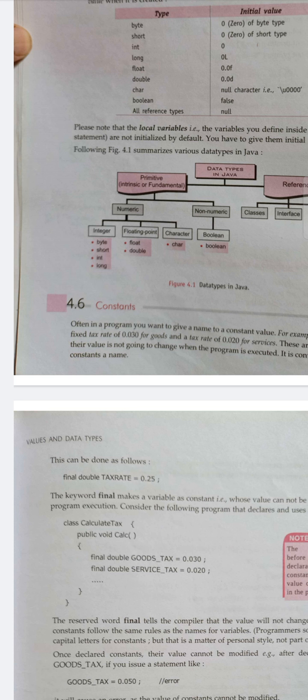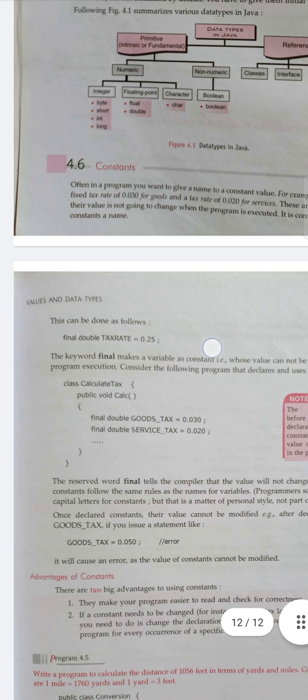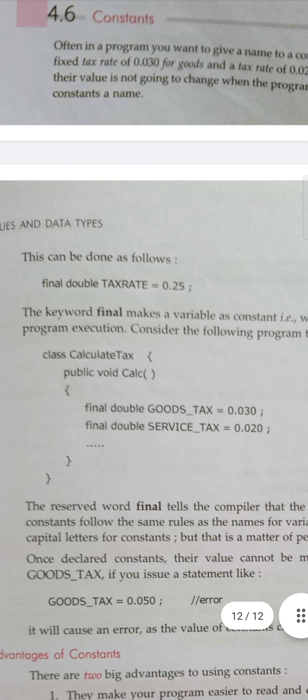See this last one, very important. Constant means whenever we want to make certain values fixed throughout the program. We don't want to change its value. Whatever we have declared at the beginning will remain as it is throughout the program. That is known as constant or literals. How can we write that? There is a keyword known as final.